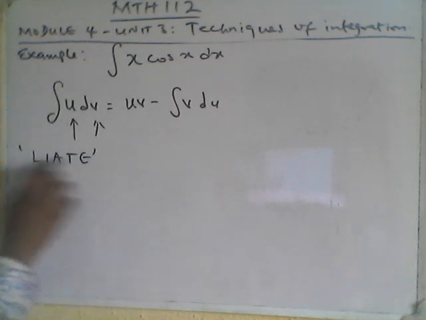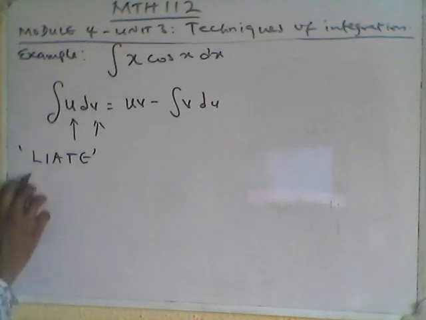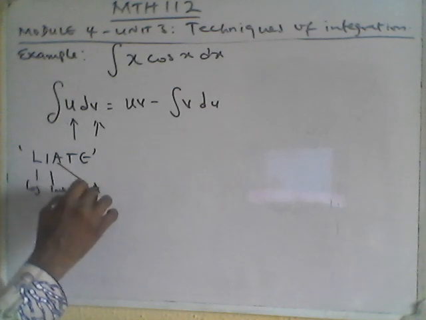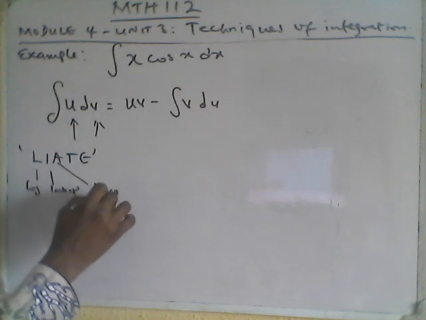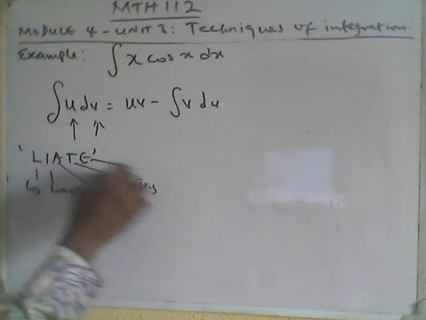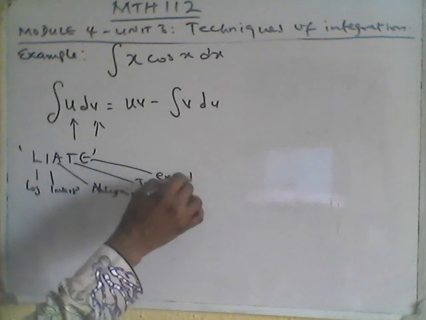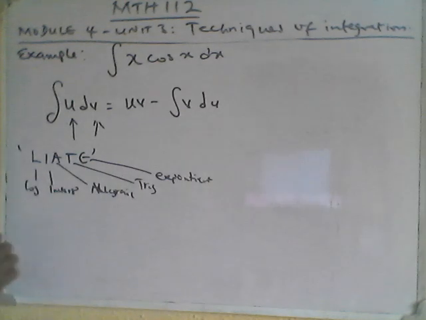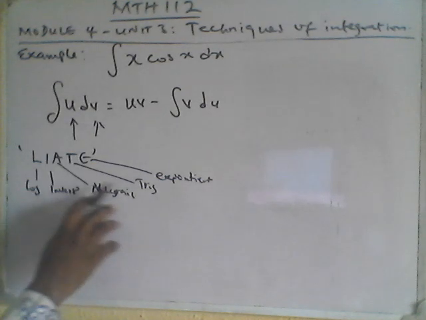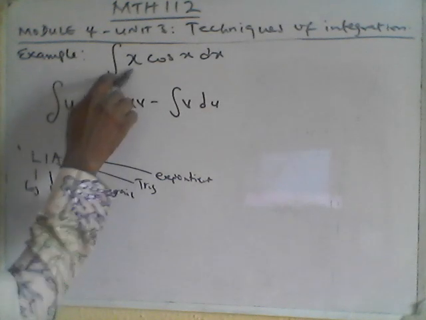L here is logarithm, I is inverse trig, then A is algebraic expression, T is trigonometric function, then E is exponential functions, right? So just remember this mnemonic. From here, I see that I don't have logarithm, I don't have inverse trig, but I have algebraic expression. So x is algebra and x will be u.